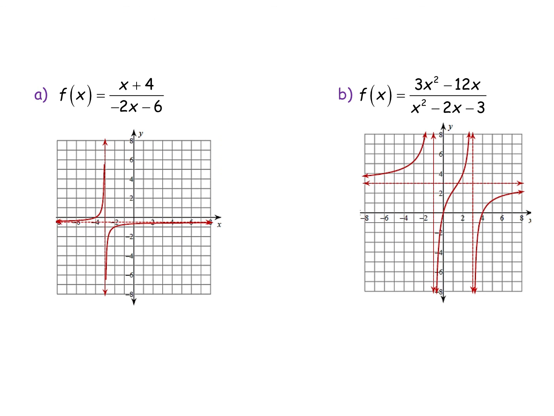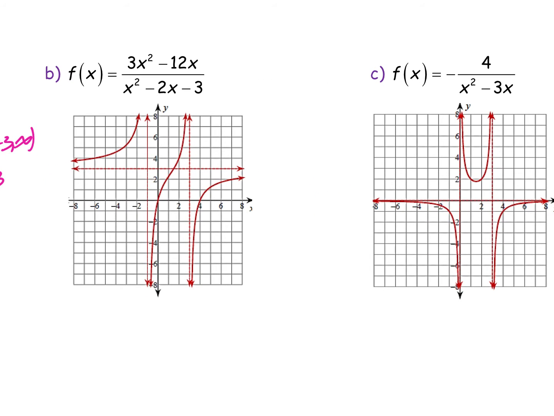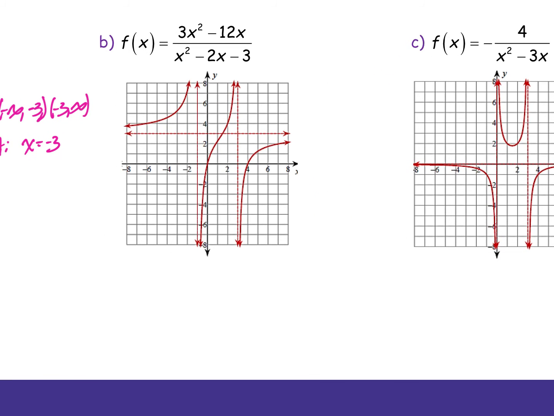A, domain is negative infinity to negative 3, and negative 3 to infinity, with a vertical asymptote of x equals negative 3. B, my domain is going to be negative infinity to negative 1, negative 1 to 3, and 3 to infinity.